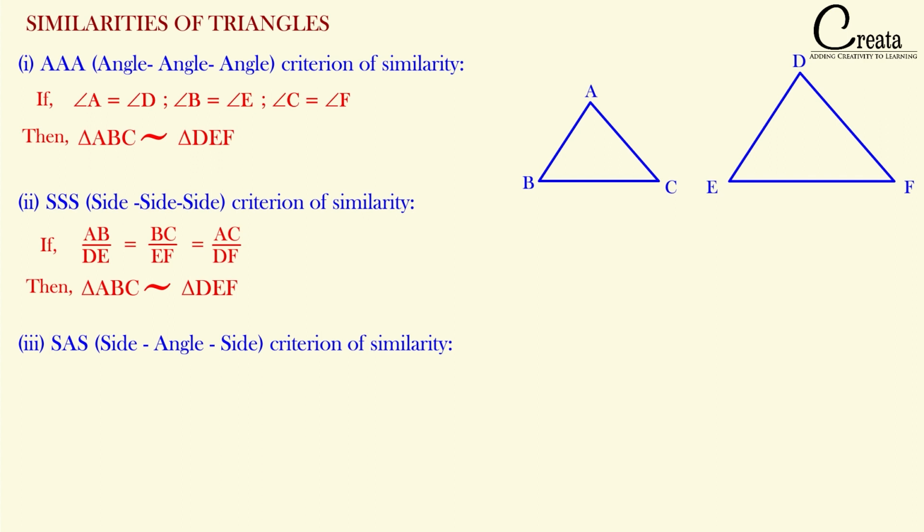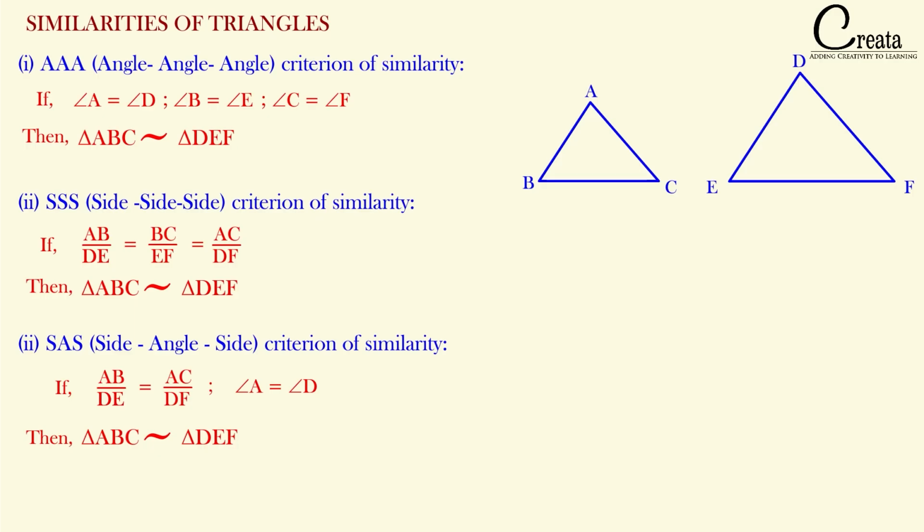The third one is the SAS criteria, in which if the ratio of two corresponding sides are equal and the angle between the two sides are also equal, then we can say that two triangles are similar to each other. The note is that the angle should be between the two corresponding sides. So this is the SAS criteria. This is the quick revision of all the three criteria. You can take a screenshot if you require.